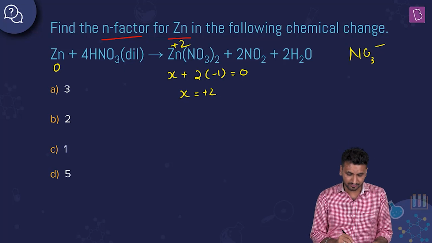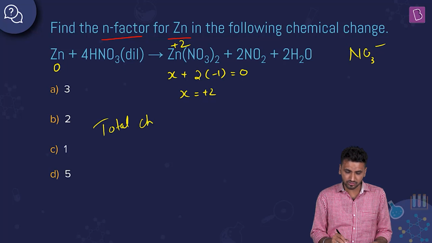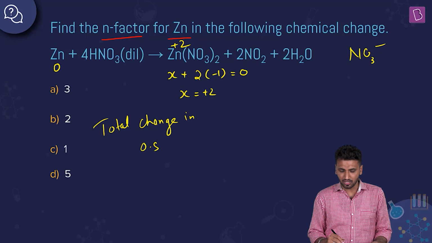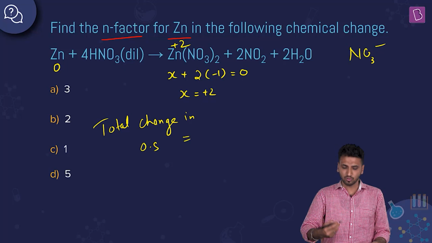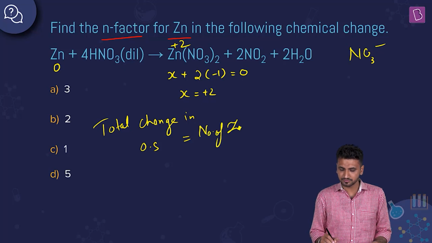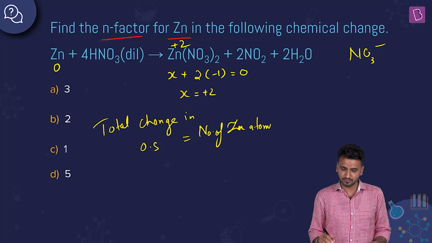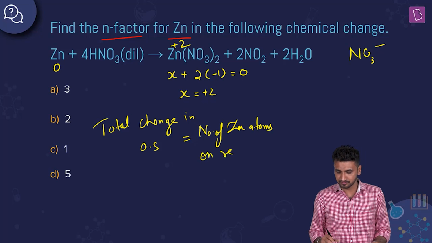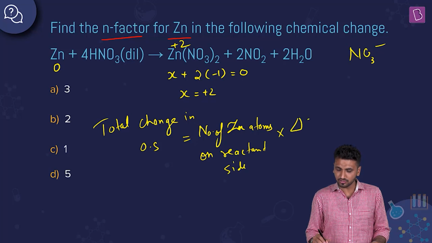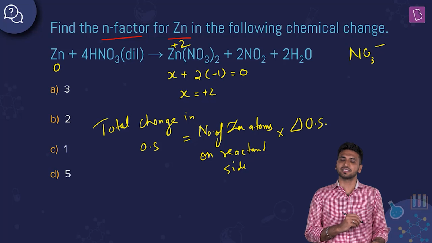Okay. We have to calculate the N factor, that is the total change in oxidation state, right? So what is the formula for that? It will be the number of zinc atoms on the reactant side into the change in oxidation state, delta oxidation state, right?